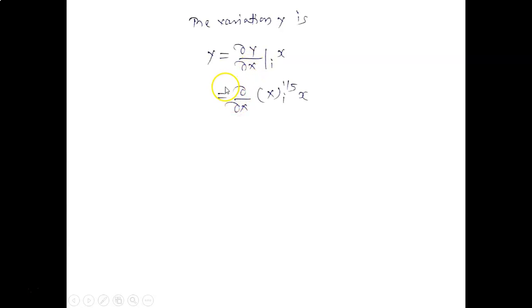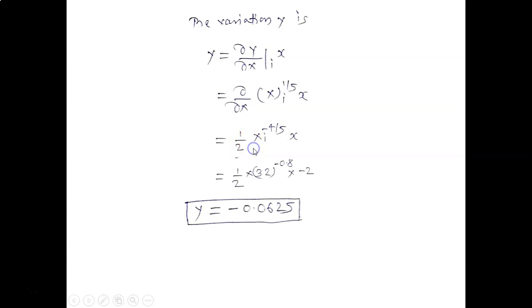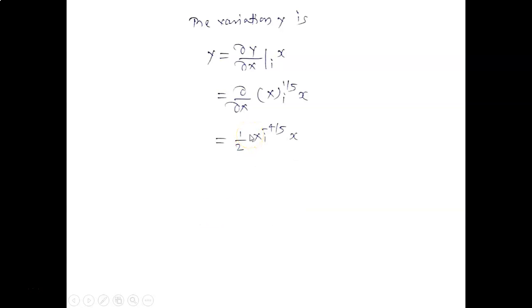Therefore, small y is equal to dou by dou x of x raised to 1 by 5 at the point I into small x. Sorry, please consider it as 1 by 5.